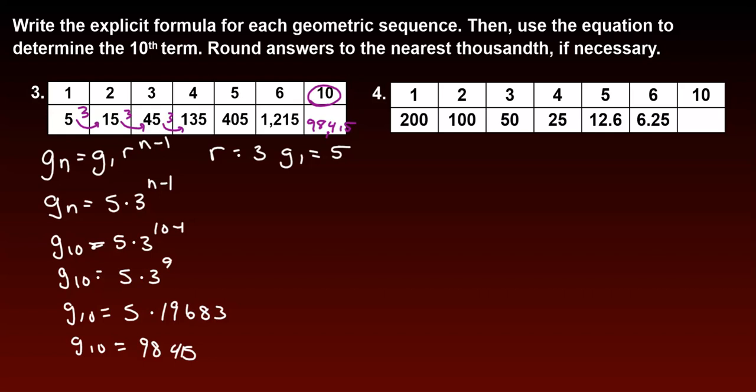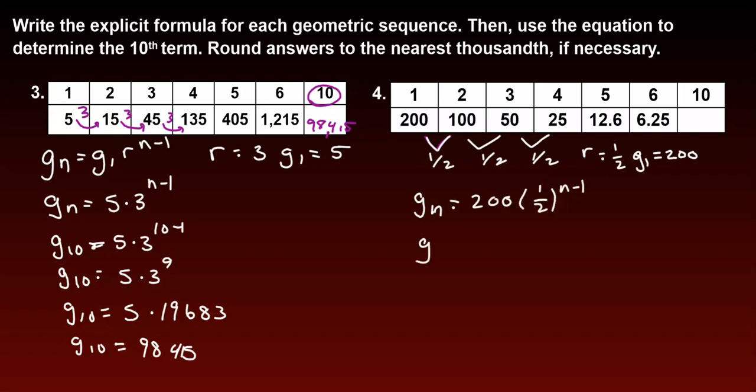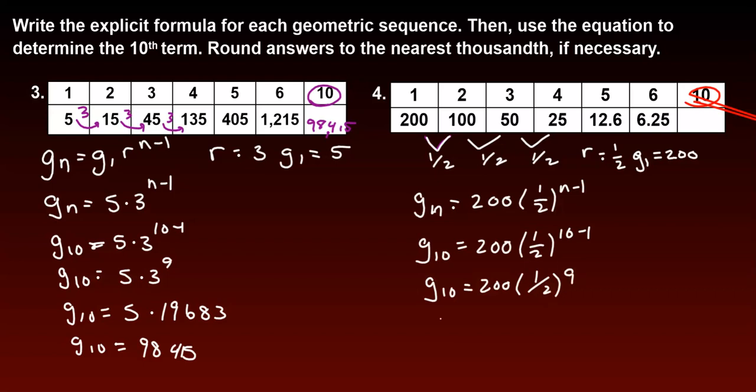So what I'd like you to do now is pause it and try number 4. Okay, so hopefully you notice that each time we're taking half of the previous one, so that meant r is half.